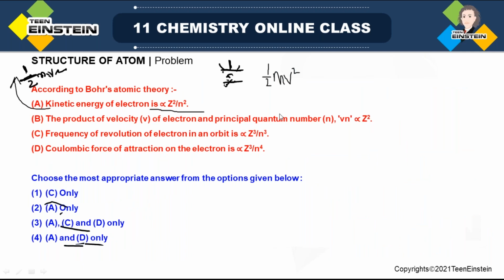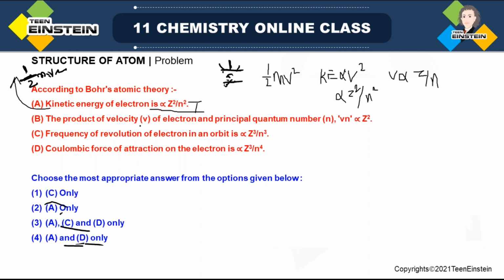That means v square should be proportional to Z square by n square. So kinetic energy, which is proportional to v square, must be proportional to Z square divided by n square, because v is proportional to Z by n. So this statement is correct, true.